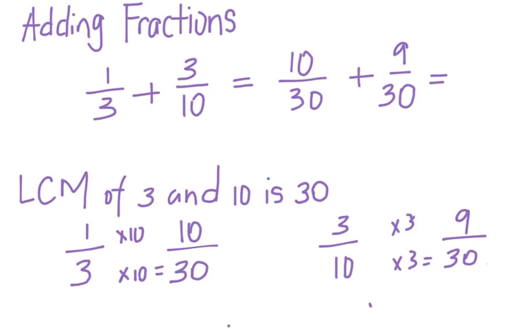And now that our denominators are the same, we can simply add our numerators, which would be 10 plus 9 over 30, and 10 plus 9 is 19. So therefore, 1/3 plus 3/10 is going to be equal to 19 over 30.